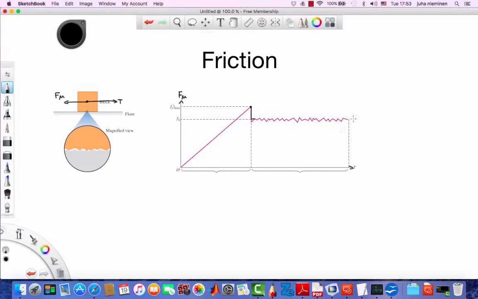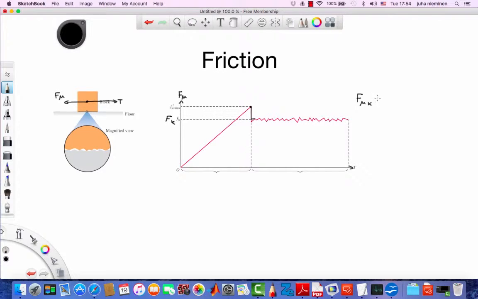But it has an average, as you can see, and that is denoted in this figure by Fk. This is called the friction force kinetic. So when the box is moving, there is some force Fk. And what is Fk? Well, let's call it F mu k.